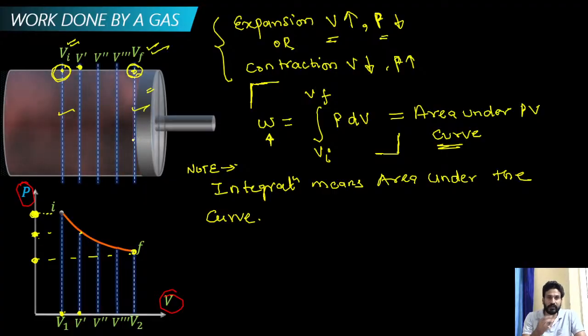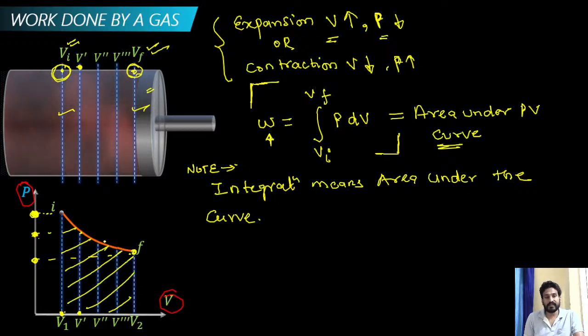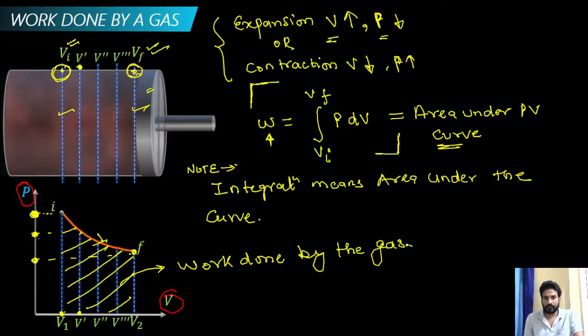For this movement of the piston, the gas has done some work. What is that work? That work is the area under this curve. This is the work done by the gas.